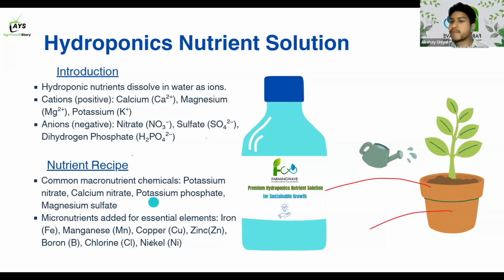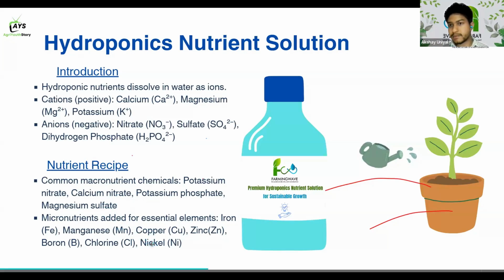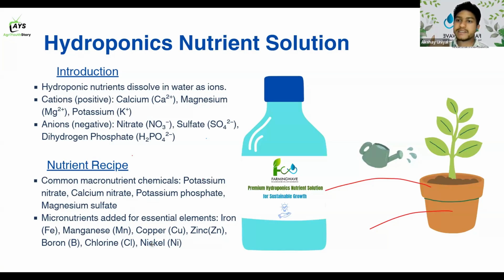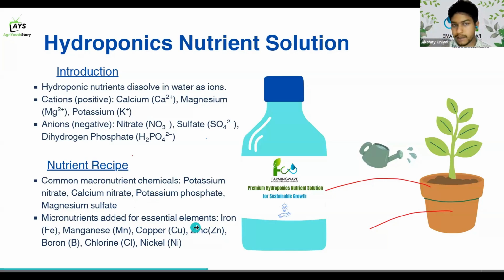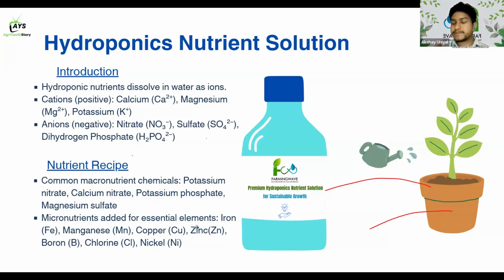For a lot of plants, we will make separate solutions of macro and micronutrients, and add them according to the stage of the plant, the life of the plant, and what kind of plants we are growing. According to the system we're using, we will make a particular nutrient recipe made of macronutrients and micronutrients. This is a whole science in itself.